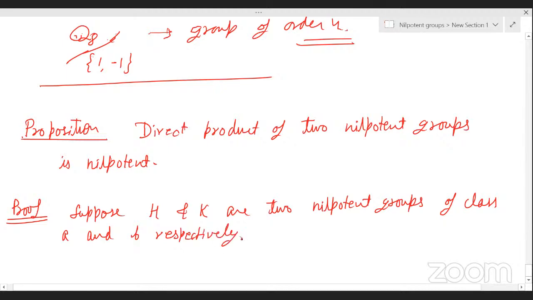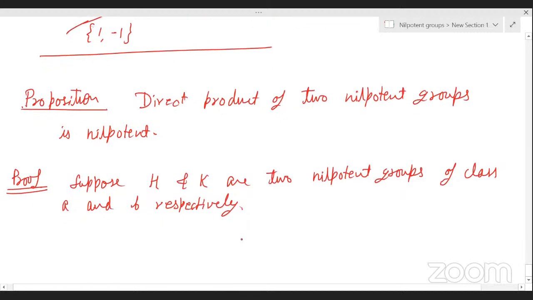Suppose I have taken two nilpotent groups. The class of one is A and the class of another is B. Now we are to show that H cross K, that is the direct product of H and K, is nilpotent.